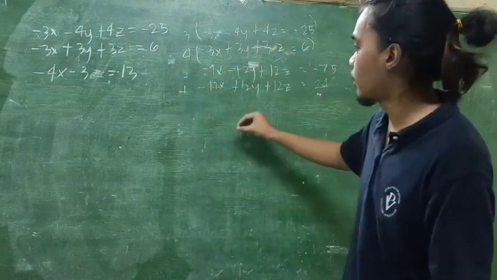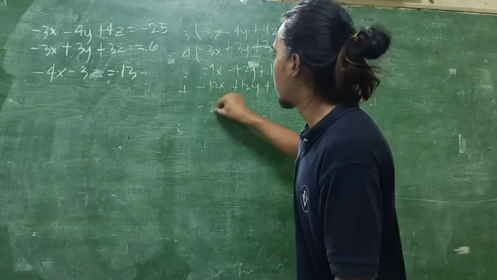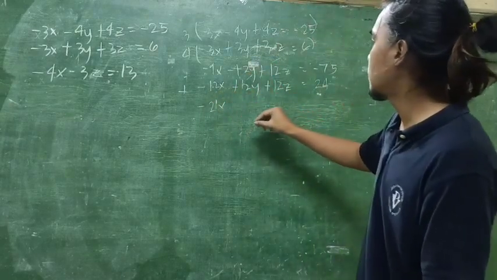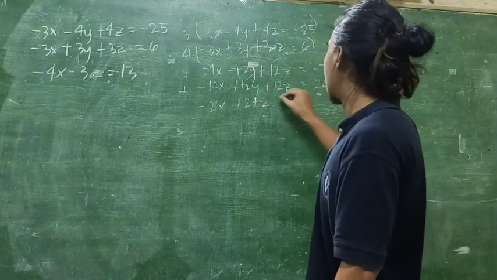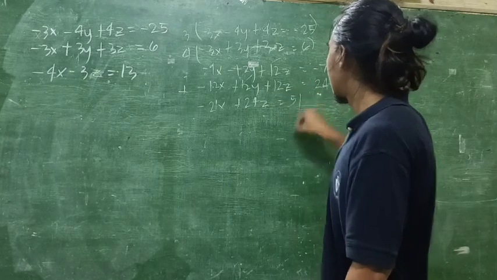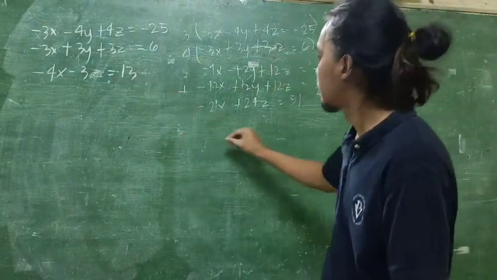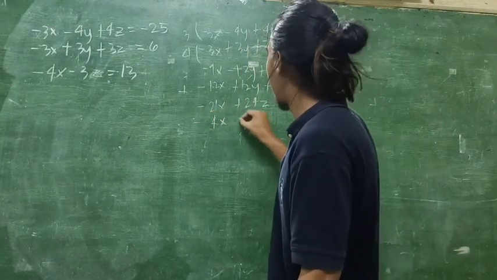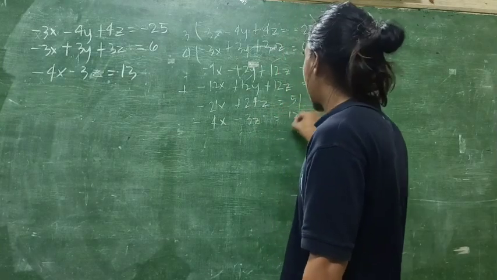So what we are going to have is negative 21x, cancel the y, plus 54z equals 51. Then write the third equation: negative 4x minus 3z equals 13.